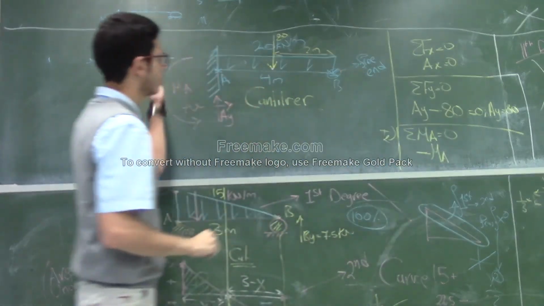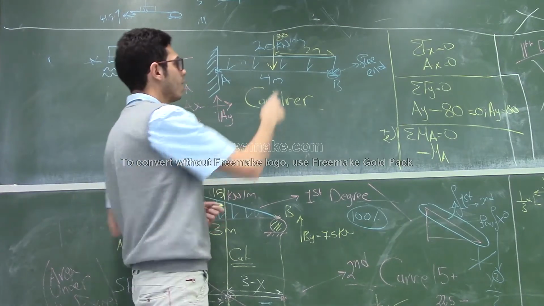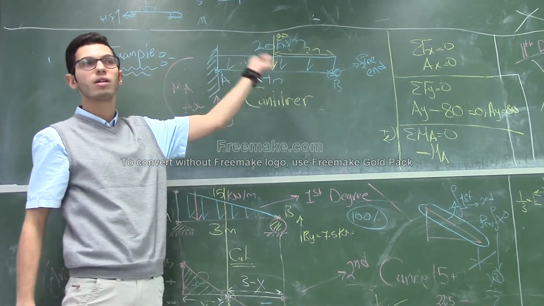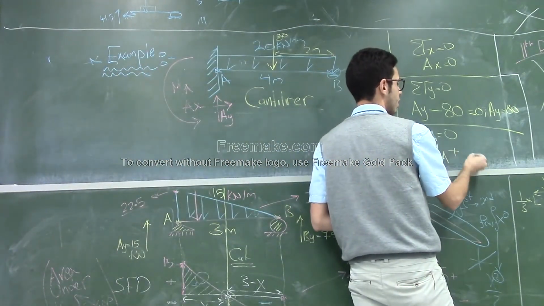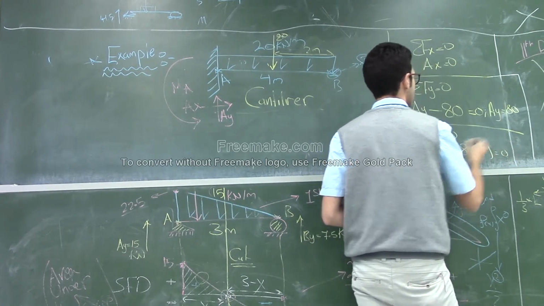And I have the 80, which makes a clockwise moment here, so 80 multiplied by 2, with positive direction. So minus MA plus 80 multiplied by 2 equals 0.